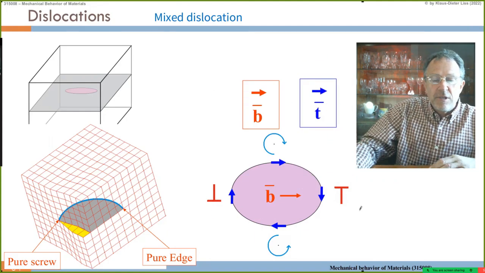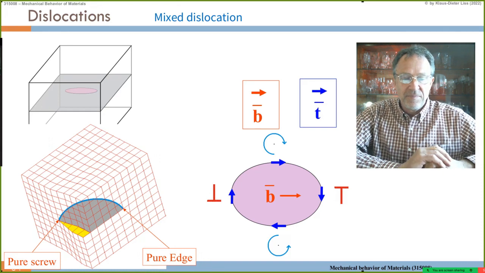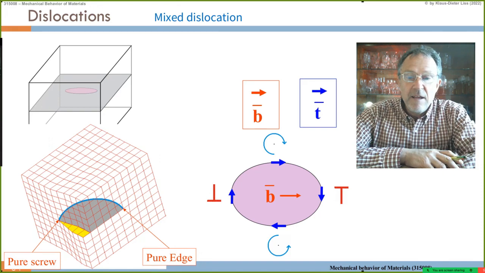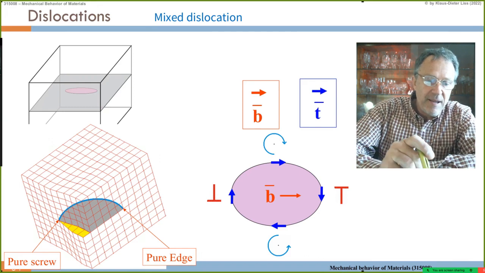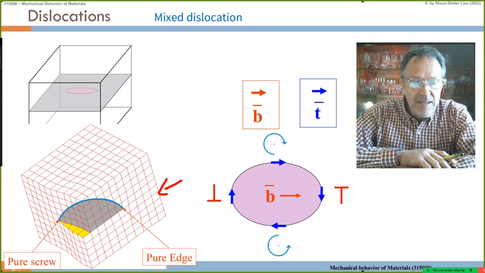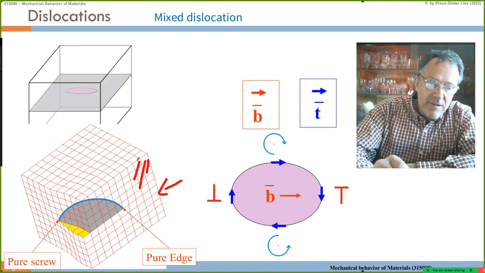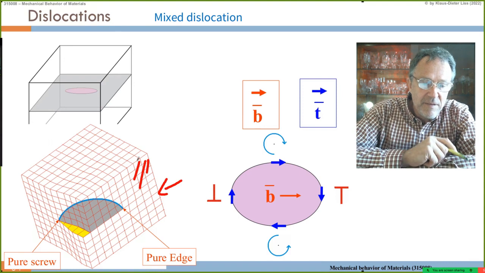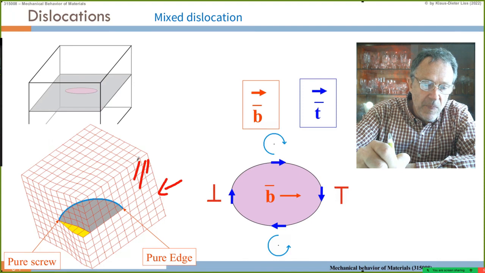Now I've talked about screw dislocation and edge dislocation. And we can have mixed dislocations which have both characters, as shown by this blue circle or blue arc between the pure edge and the pure screw dislocation. We see here on that face of the sample, we have all character of the edge dislocation.